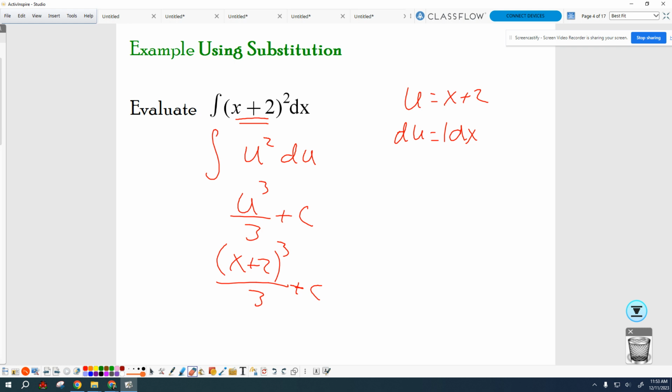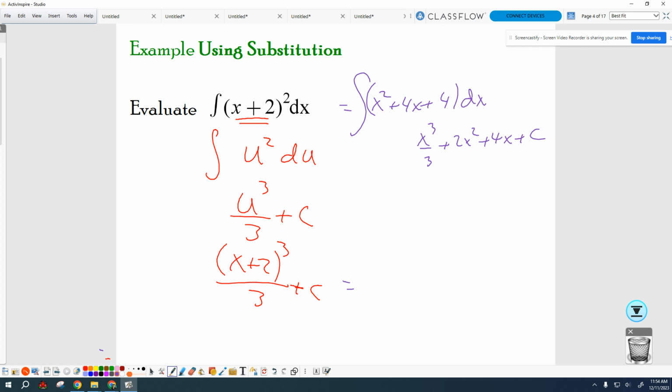You were given a problem like this in the past on something else, and I suggested that you do this by integrating the expansion: raise the power, divide by the new power, plus C. They look super different. Okay.